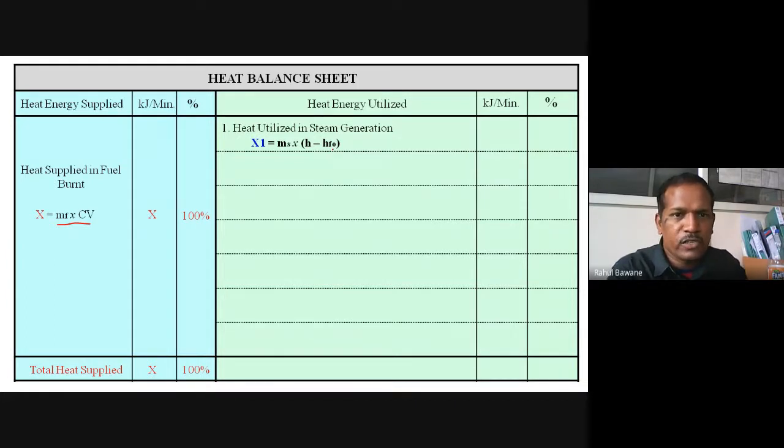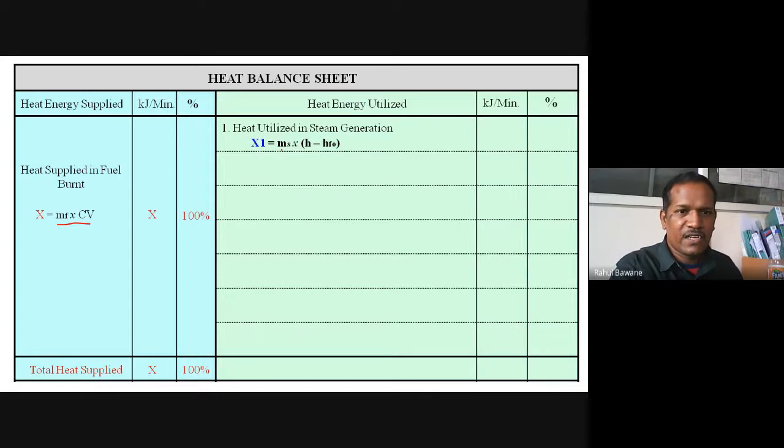If we don't use an economizer, in that case, it is enthalpy of steam generated H minus enthalpy of room temperature water.